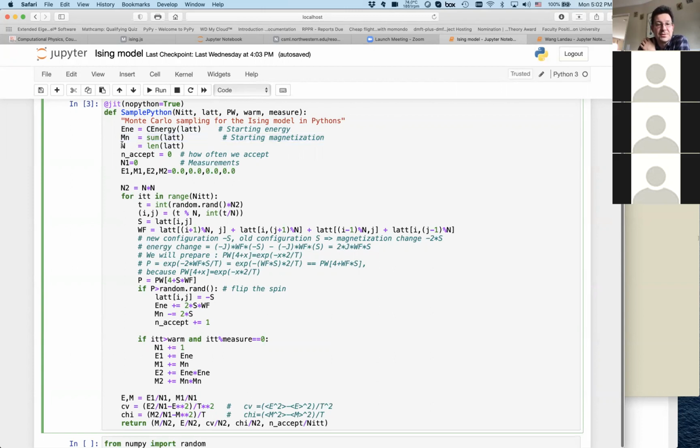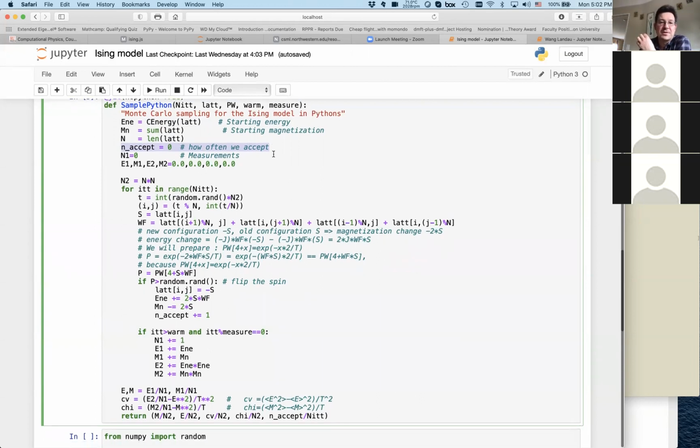And of course, we know that the size of the lattice is n times n, so n is the length of the lattice. Here I added one more variable, which is different than what is in your notebook. I just modified it now, and you can modify as well if you want to follow.